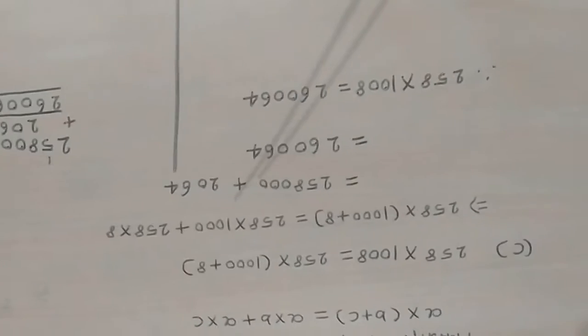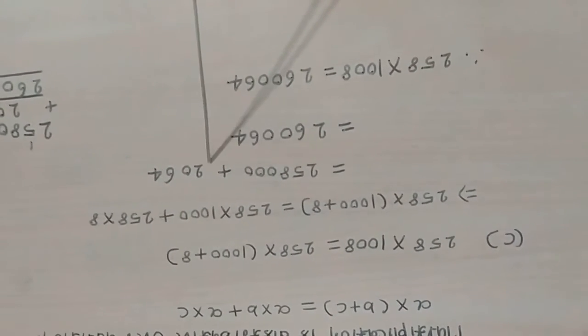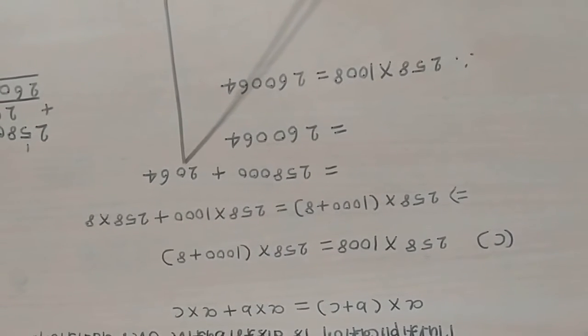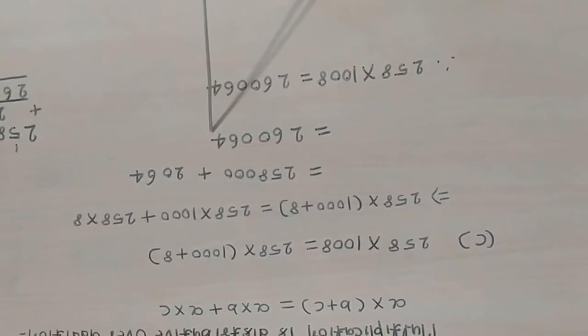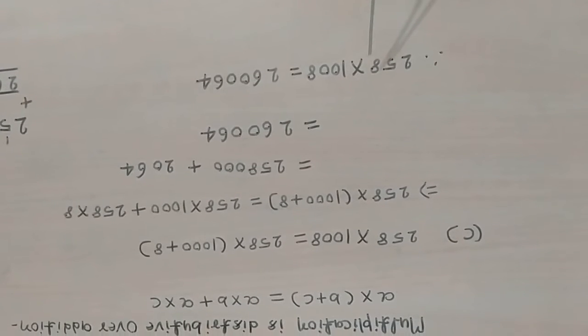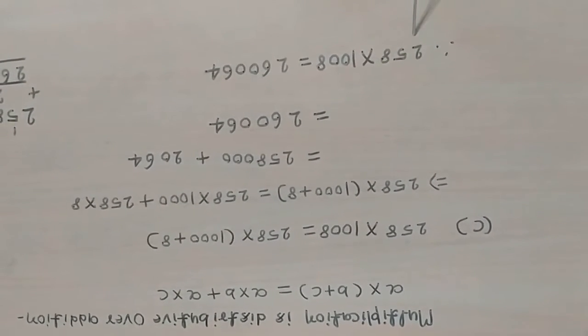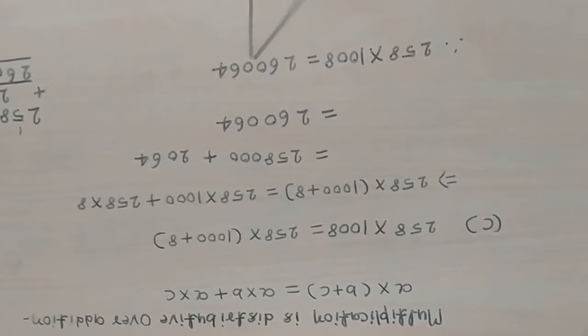So the sum of 2,58,000 and 2064 is 2,60,064. So here you can find the product of 258 into 1008 is 2,60,064.